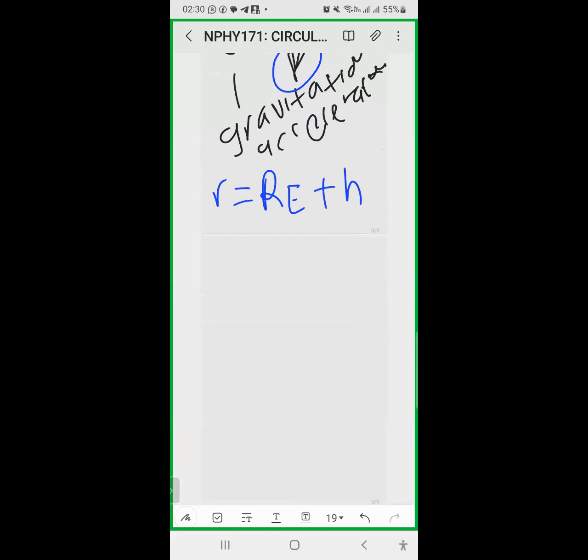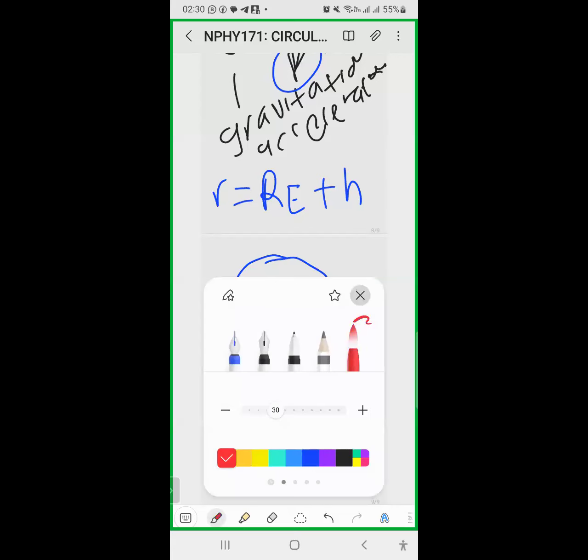Because the gravitational force is directed inwards and travels about the center of the Earth, as the Earth turns, it creates a centripetal acceleration, which is also directed towards the center of the circle.